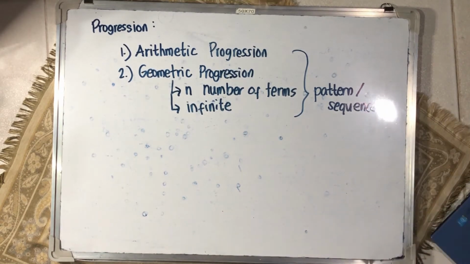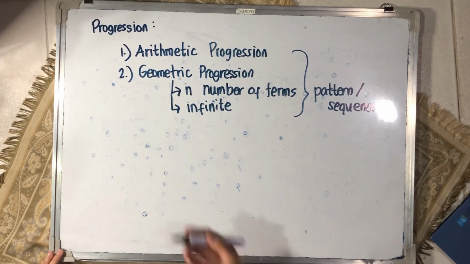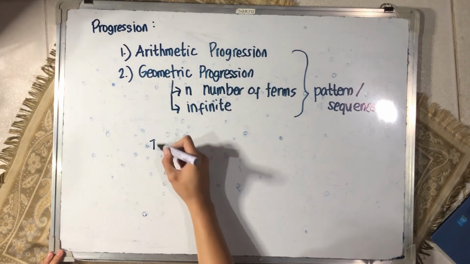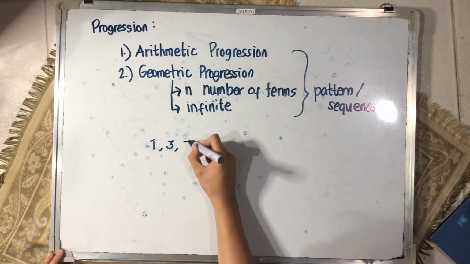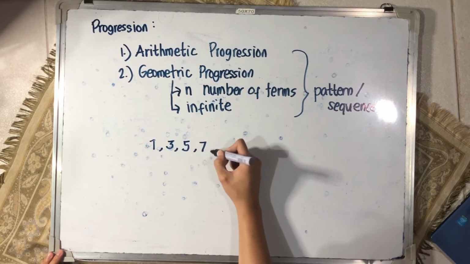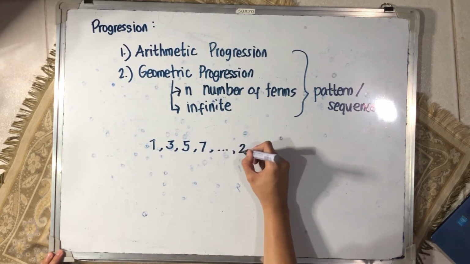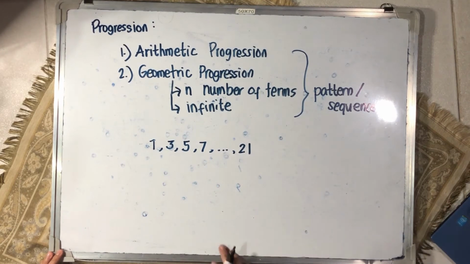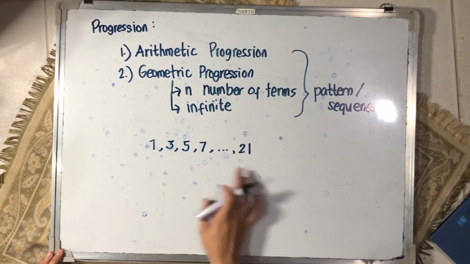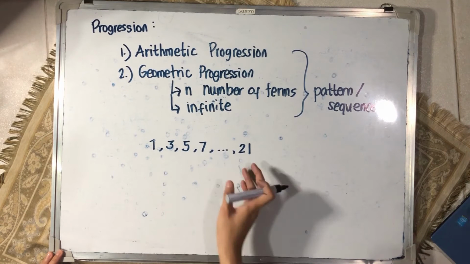Kung saan, if binigay sa'yo yung parang certain elements, napapredict mo somehow kung ano yung kasunod na mga numbers na expected. So, halimbawa, meron tayong 1, 3, 5, 7, ganyan, and so on. Tapos, dito, let's say, meron tayong 21, okay? Napapredict mo kung ano lahat yung numbers na in between this 7 and 21.